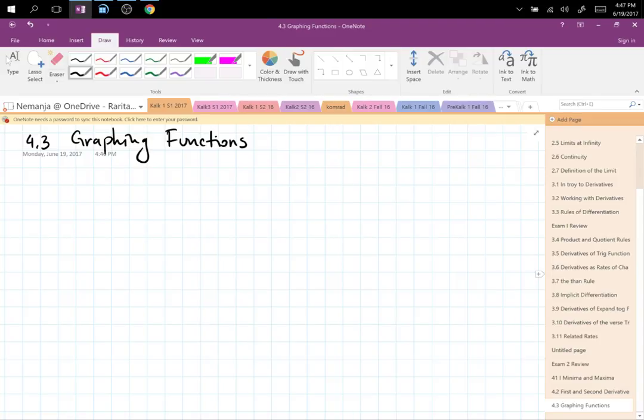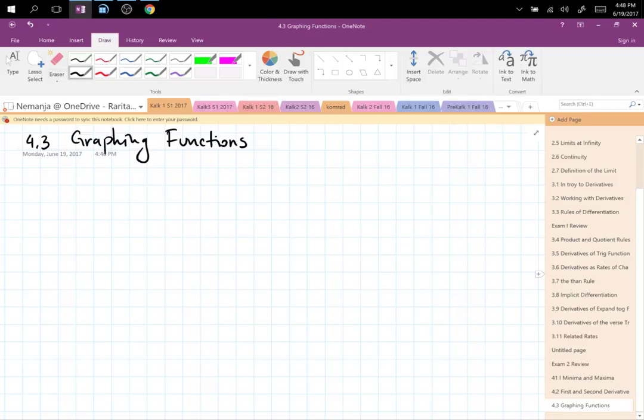You already know some of the basic techniques when you have one of those basic functions which you memorized how they look like, and then you can shift them left, right, and reflect and all of that stuff. That's all from pre-calculus 1. That all still stands. But now we would like to know how to graph, let's say, ln of x squared plus 1.